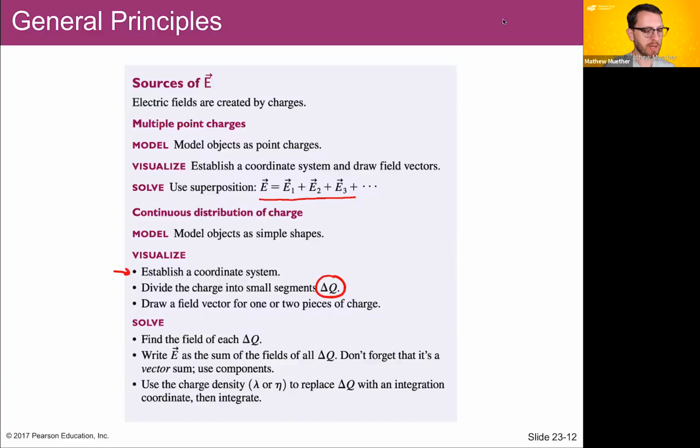And those small segments of charge are going to be segments for which we already have a functional form for the electric field coming from that kind of shape. So right now we have one functional form for the electric field. We know what the electric field looks like coming from a point particle, but we're going to use that to calculate the electric field coming from different types of distributions.